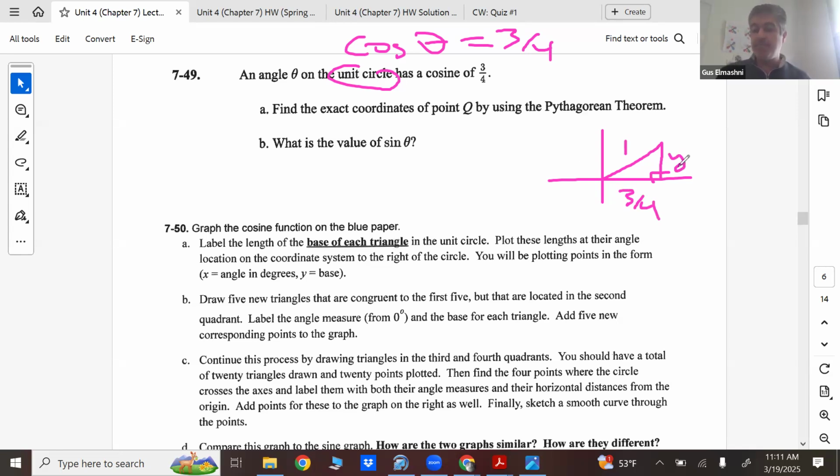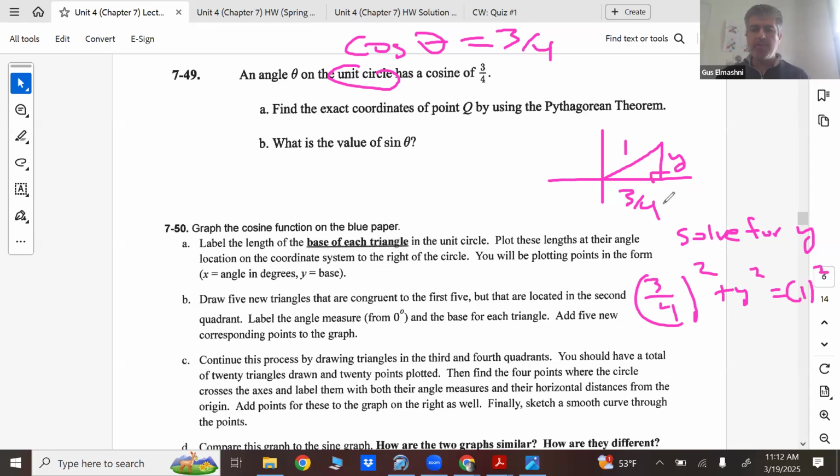Okay, so solve for y. It did say unit circle. So you can do 3/4 squared plus y squared equals 1 squared. Correct.